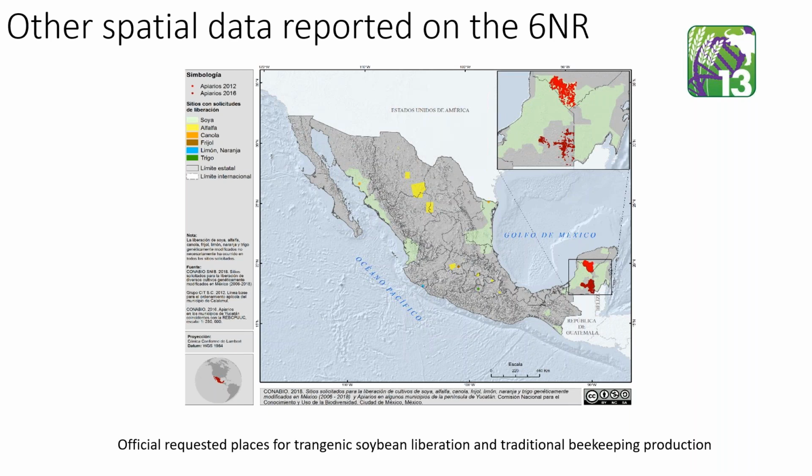I'm talking about the overlapping between requested places for liberation and traditional beekeeping production. So these are examples of how official information is used to design policies or decision-making processes. Next slide, please.